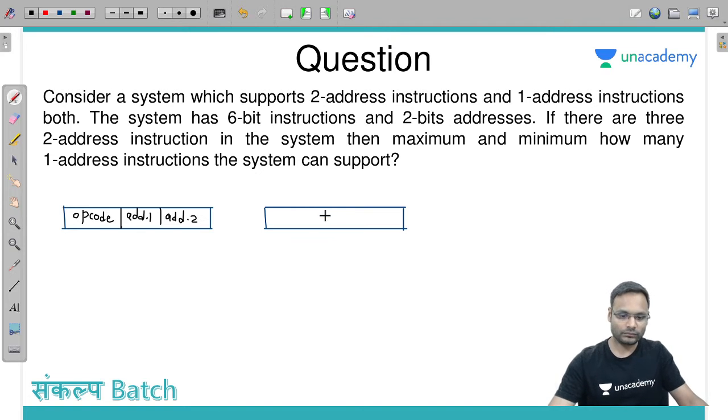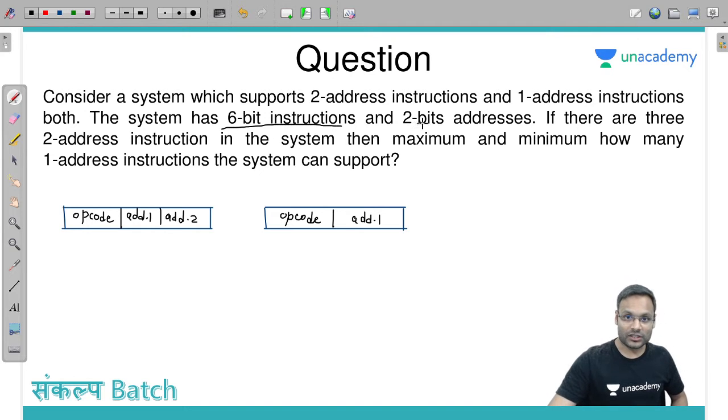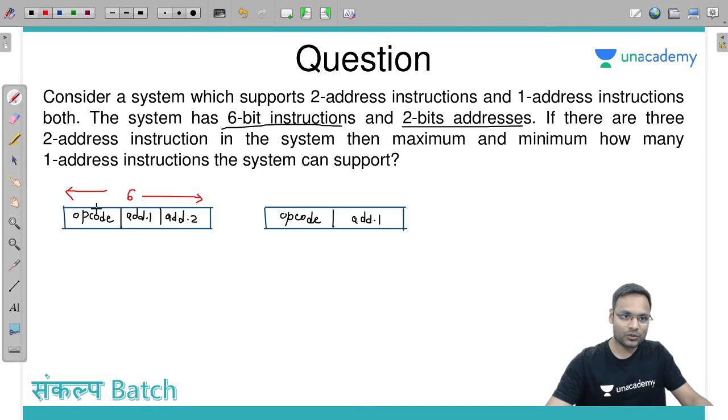Here only one address apart from opcode. Now look at this, 6-bit instructions and 2-bit addresses. So instruction is of 6 bits, entirely 6 bits. Address size 2 bits. So here opcode will be 4 bits. Here opcode will be 2 bits.